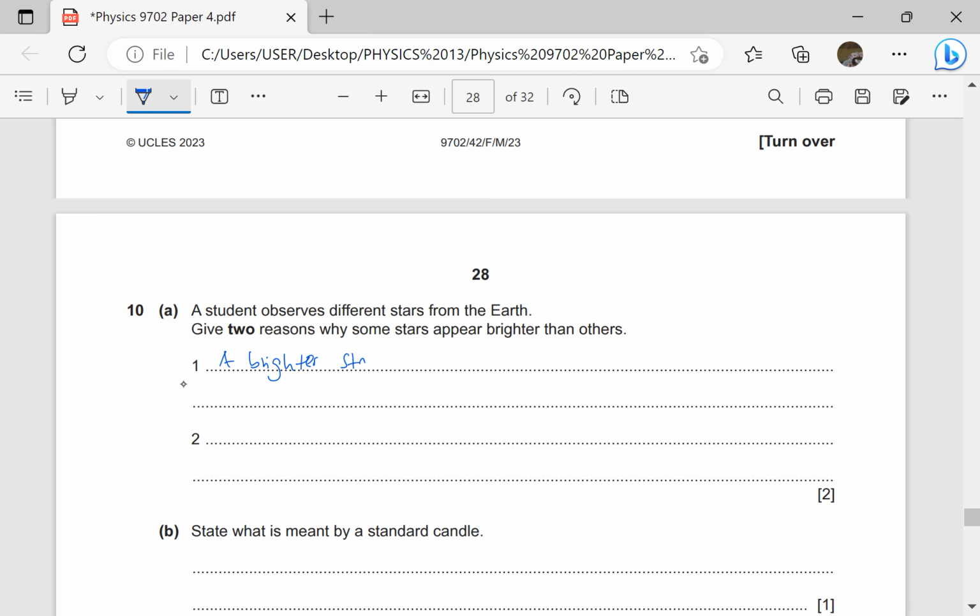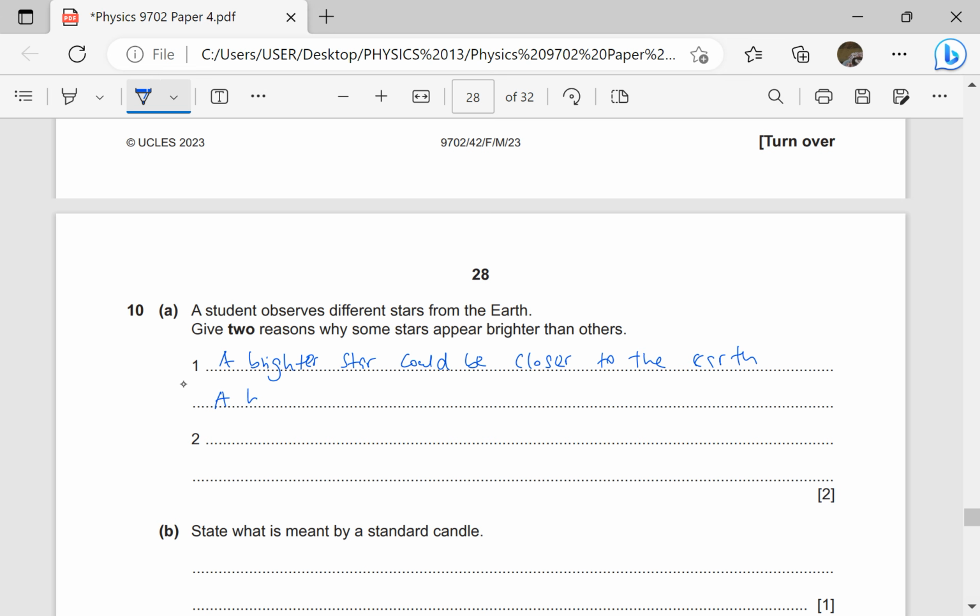A brighter star could be closer to the Earth. Number two, a brighter star could be having a greater luminosity in the visible wavelengths or in the visible spectrum.